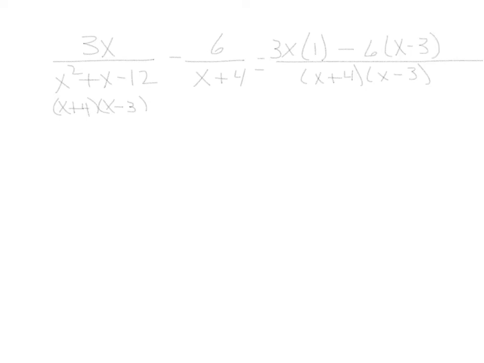So therefore, now let's bring this down here. 3x times 1 is 3x. We take our negative 6 times x is negative 6x. Distribute negative 6 times negative 3 turns to a positive 18. That remains over the same denominator.